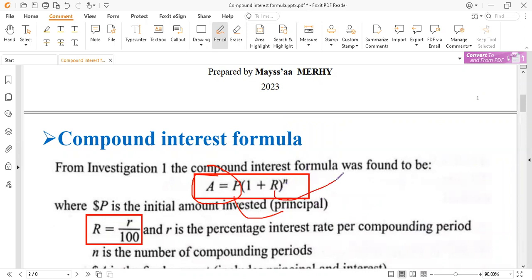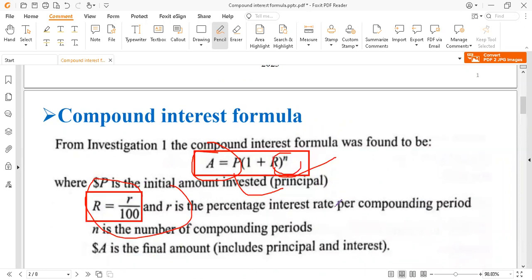The big R is the small r, the percent interest rate per compounding period, divided by 100. So big R equals small r over 100, and n is the number of compounding periods.